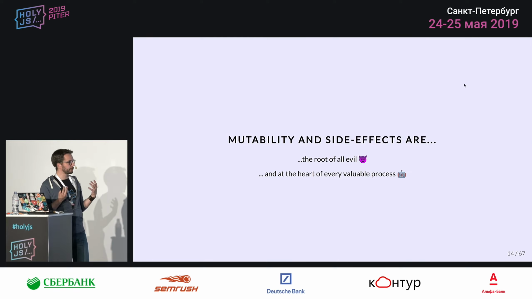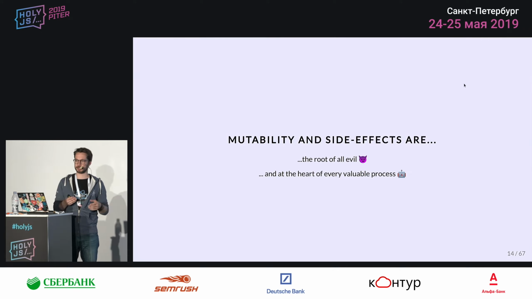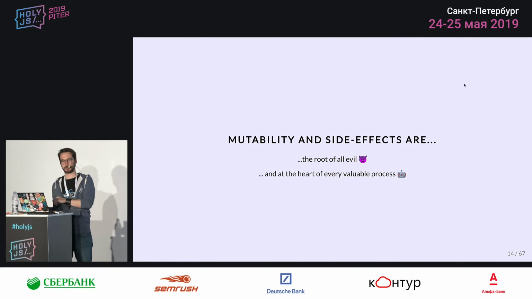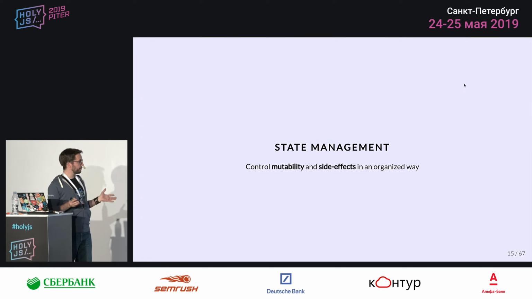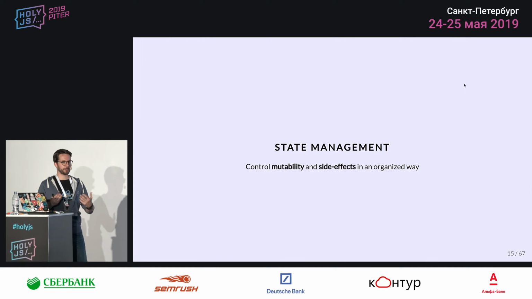Sometimes I hear people talking about immutable state, which is an impossibility. State implies mutability. That's what the word means. The only question is whether our values are immutable or not. And so state management is in that sense all about controlling the mutability and the side effects in an organized way so that we can control them better.